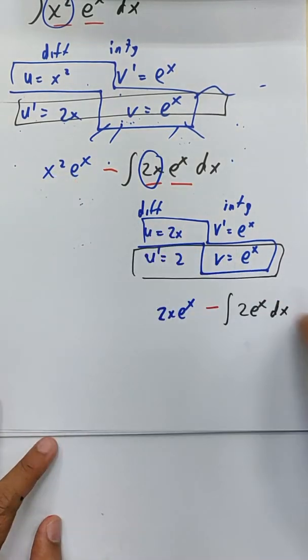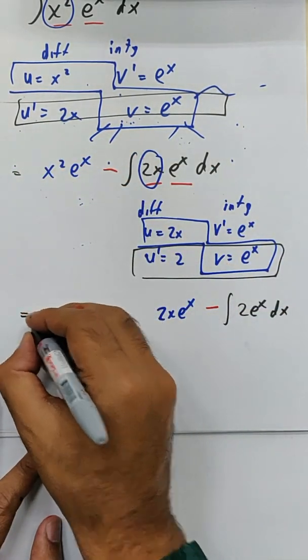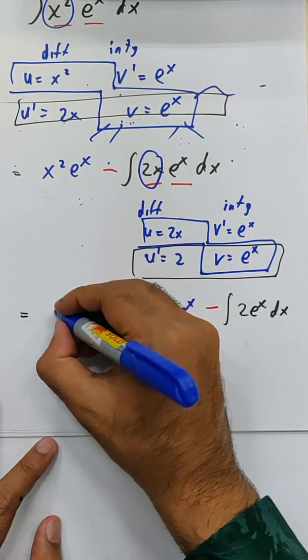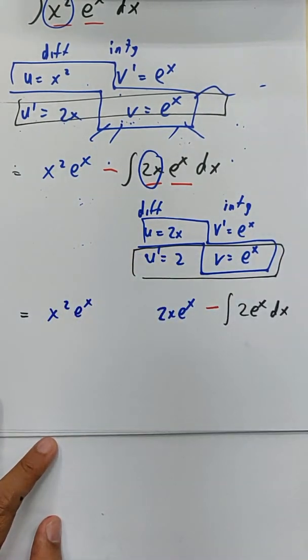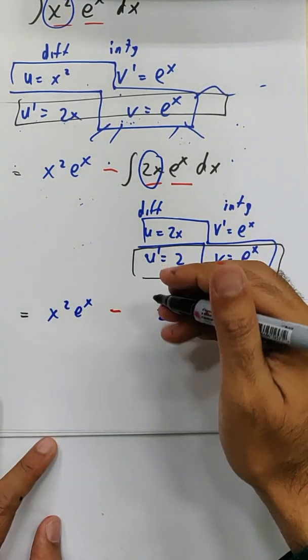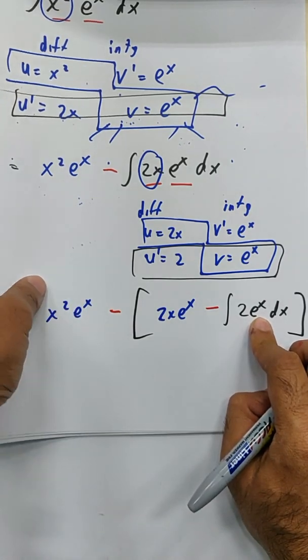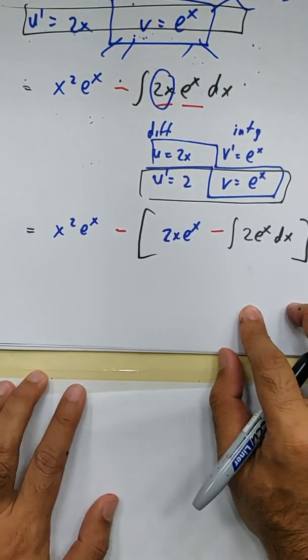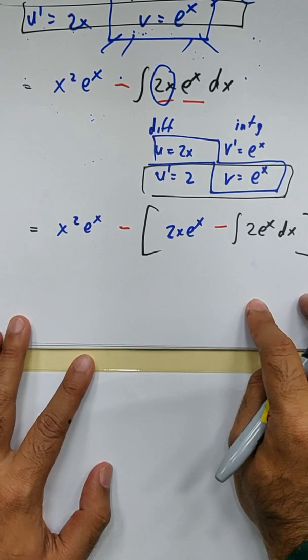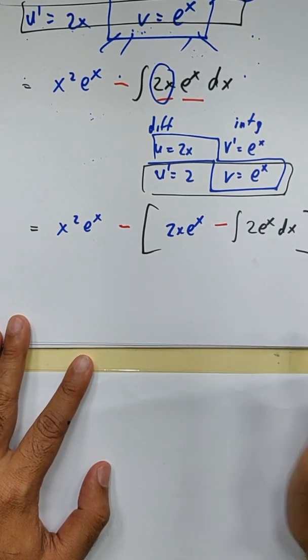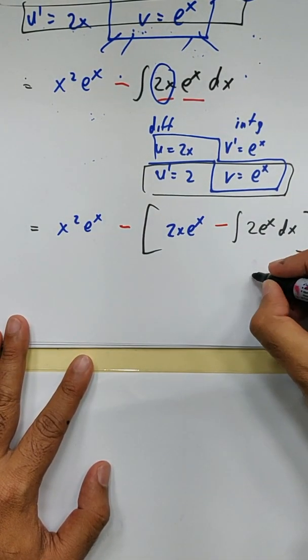Of course, you can say, sir, we drop this whole thing, sir. Integrate 2e^x. It's the same thing, 2e^x.